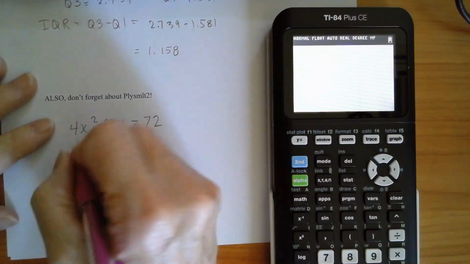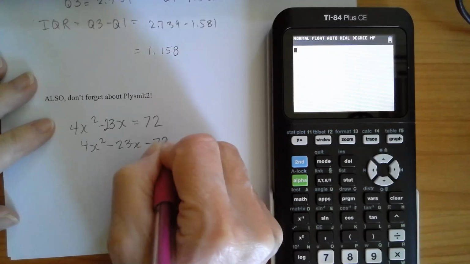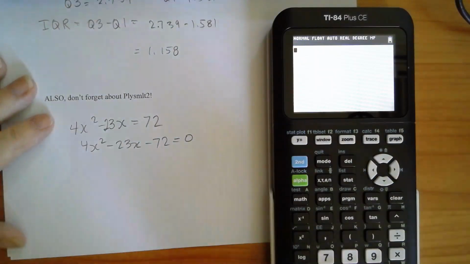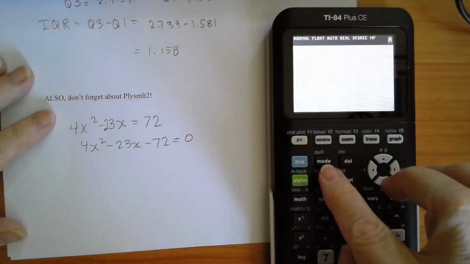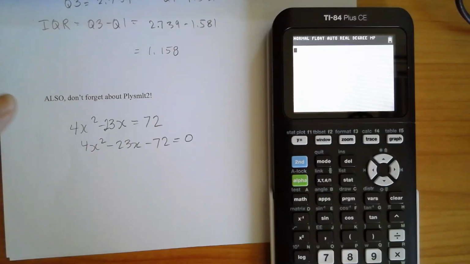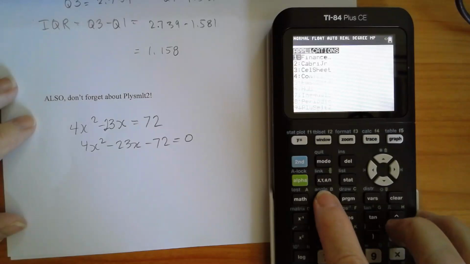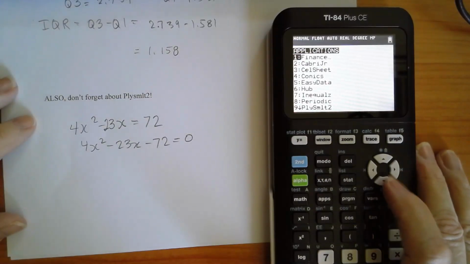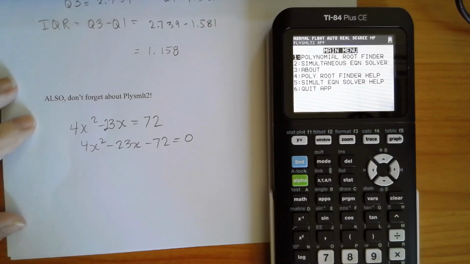You put everything on one side equal to 0. If I have my calculator, I can use it to solve it. You might be a great factorizer, go for your life, but some people have trouble. So I go to apps, and then all the way down here, mine's number 9. Oh, that one. And then I want the polynomial root finder.